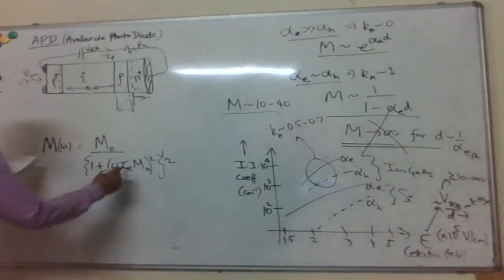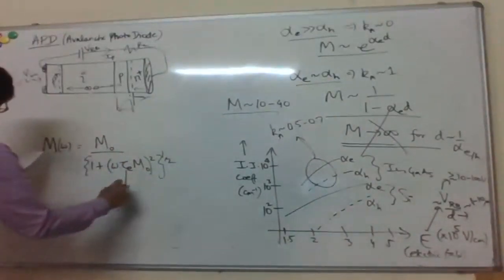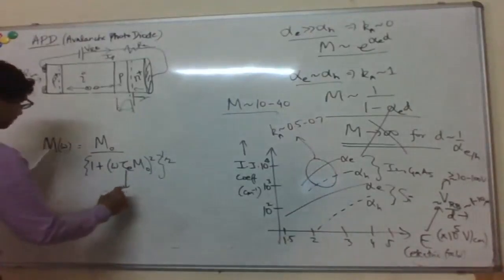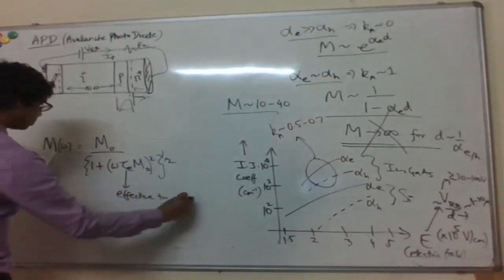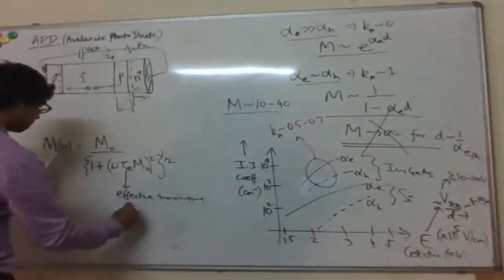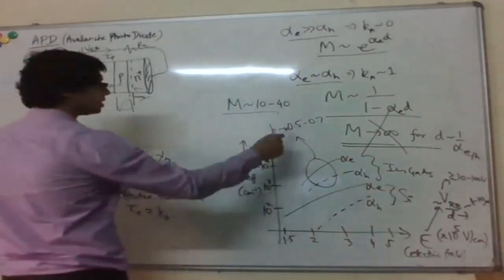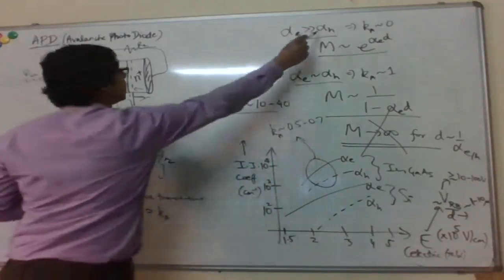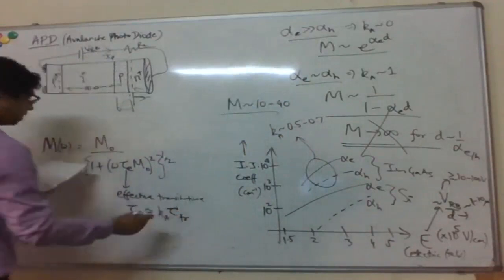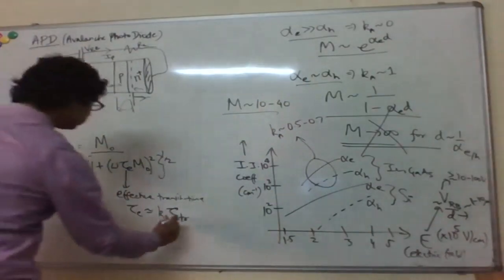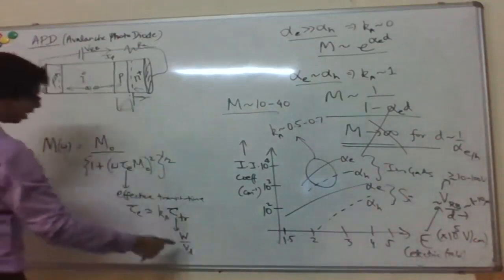And so now we have tau E times M naught. Tau E is what is known as the effective transit time, which is roughly this factor Ka, which is alpha H by alpha E, times the actual transit time that we would compute from the width of the device divided by the drift velocity.